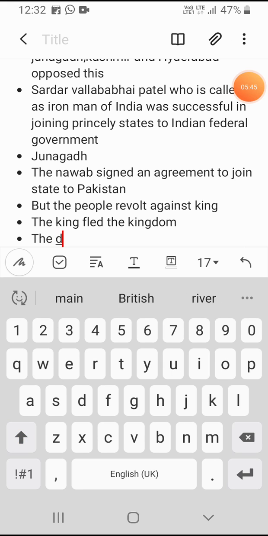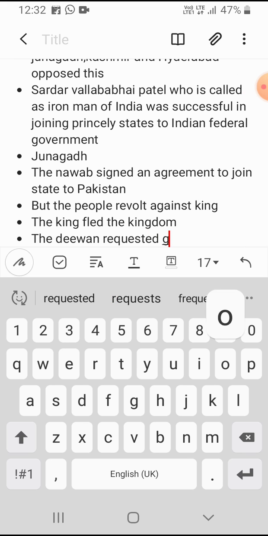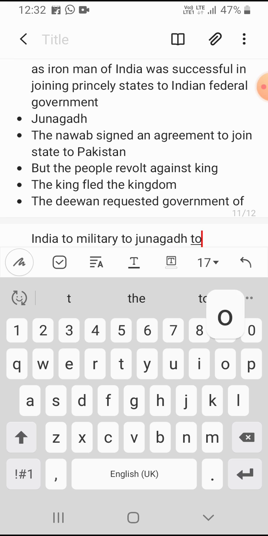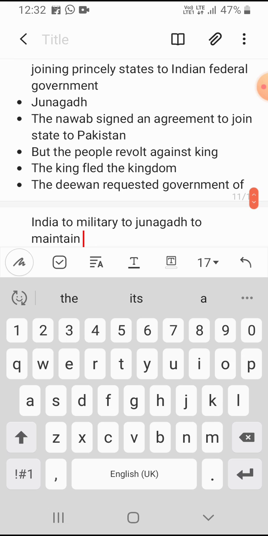There was the Diwan of that kingdom. The Diwan requested the government of India to send the military to Junagadh to maintain law and order.